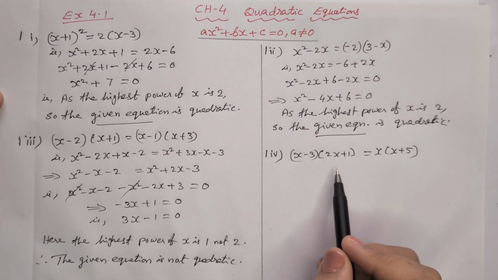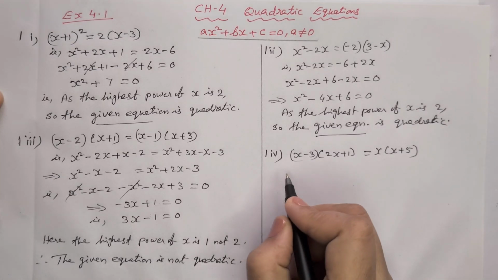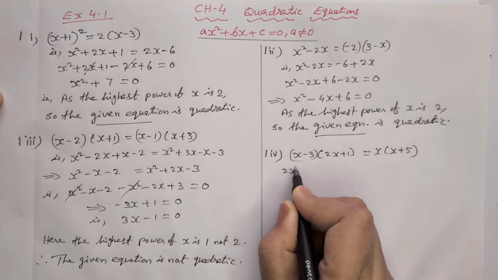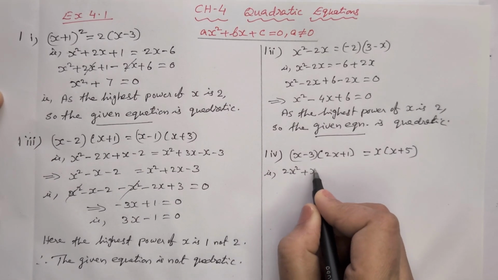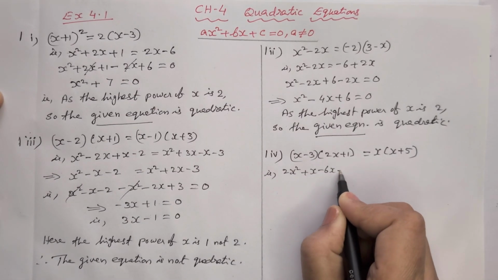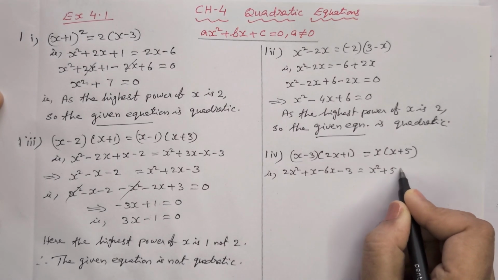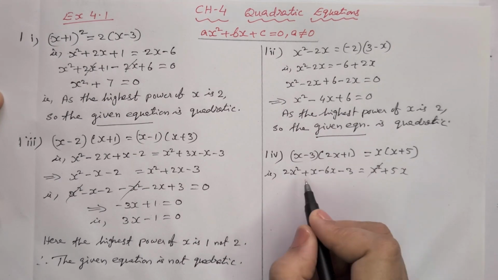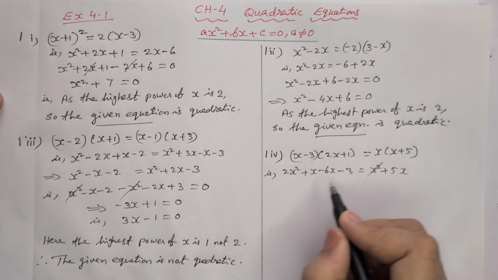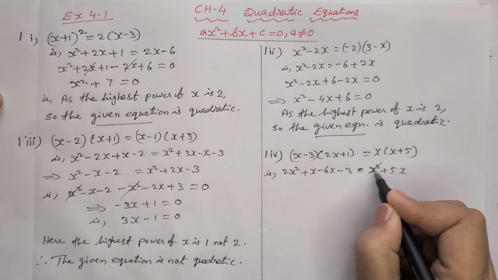Fourth one, (x minus 3) into (2x plus 1) is equal to x into (x plus 5). Open the bracket. 2x square plus x minus 6x minus 3 is equal to x square plus 5x. X square we can cancel from both sides, but here 2x square is there, and if we are cancelling, you will make a mistake, so no need to cancel.